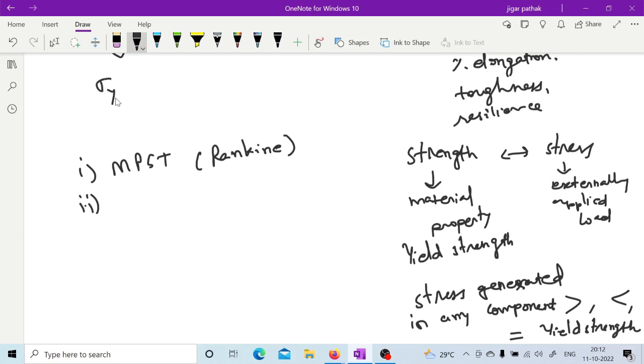For ductile, it is yield strength, but for brittle, it is ultimate tensile strength. So when you simply say strength, it cannot be identified whether it is yield or ultimate tensile. You have to be specific about which strength you are talking about, whether yield strength, ultimate strength, or fracture strength.